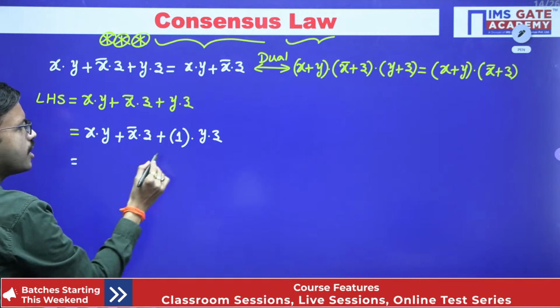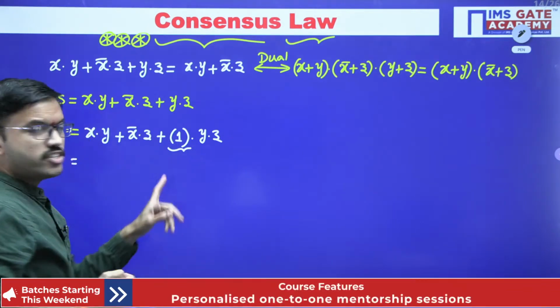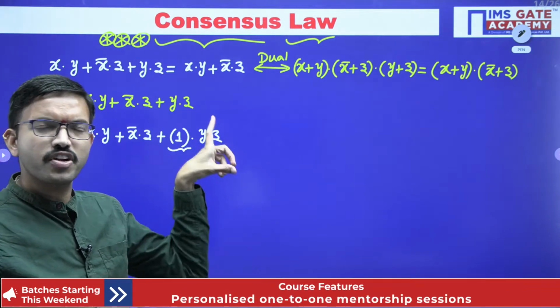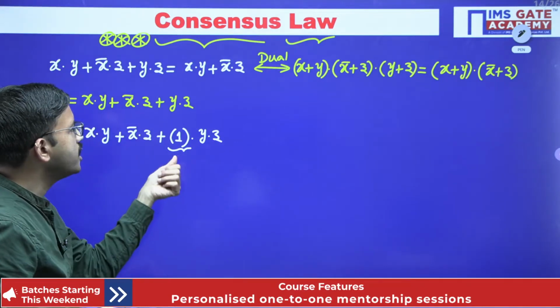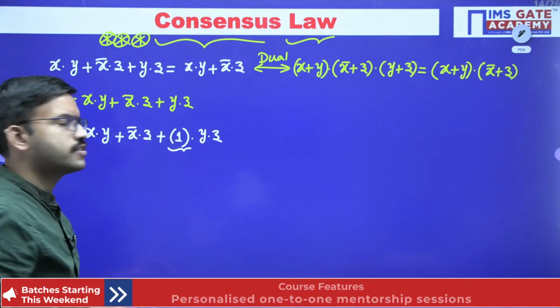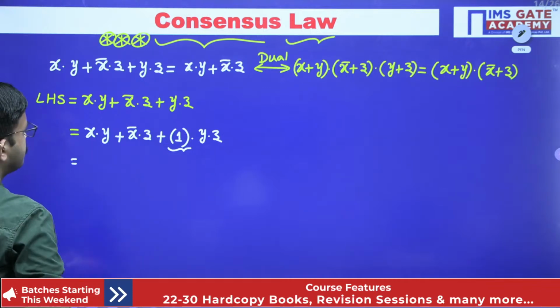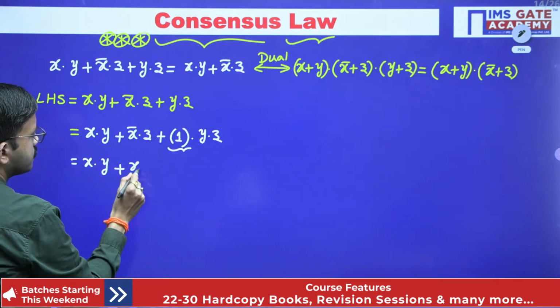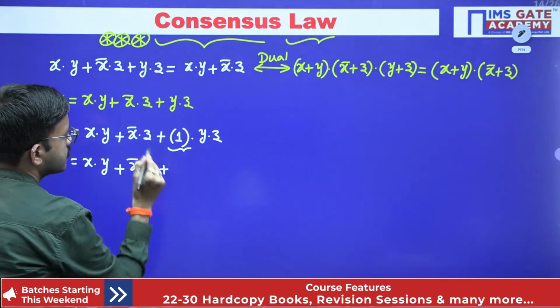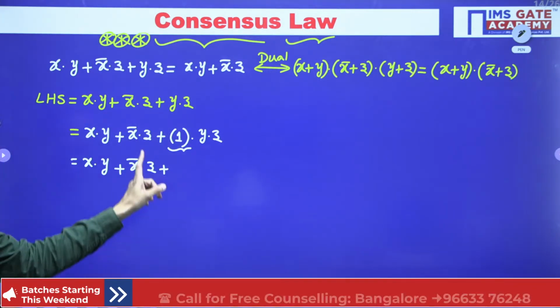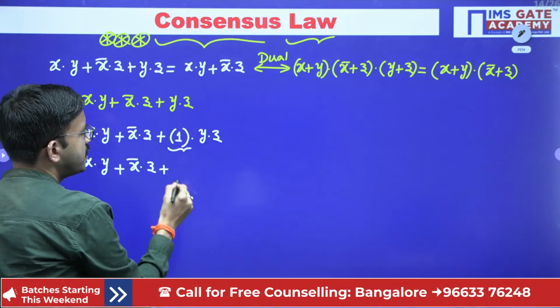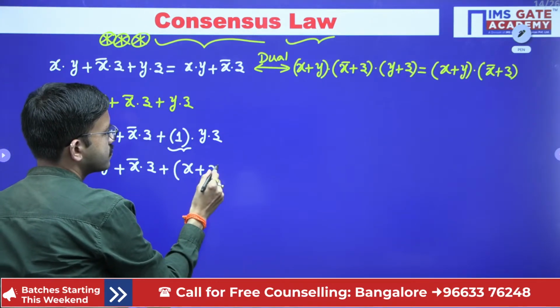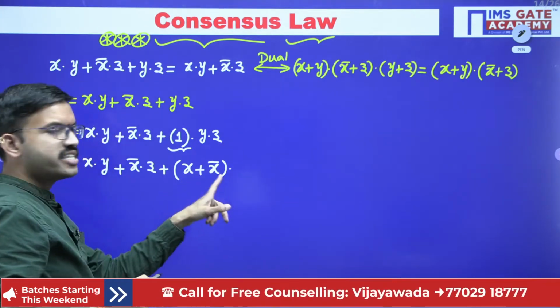Now all of you quickly respond. From the basic rules we have discussed, how can we write 1 in terms of x? We can write it as x plus x bar. Yes or no? X plus x bar is nothing but 1.